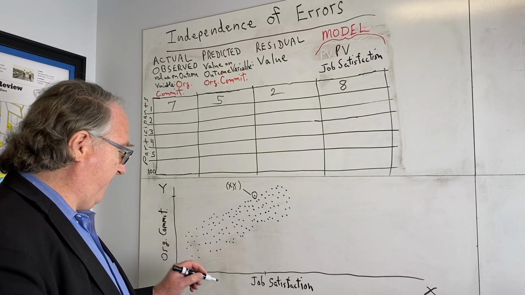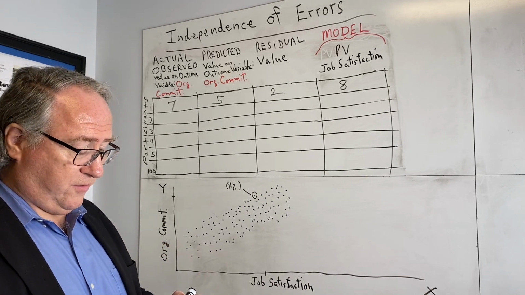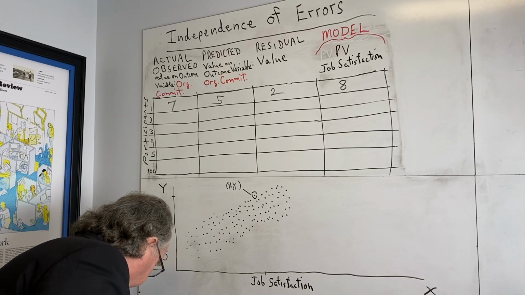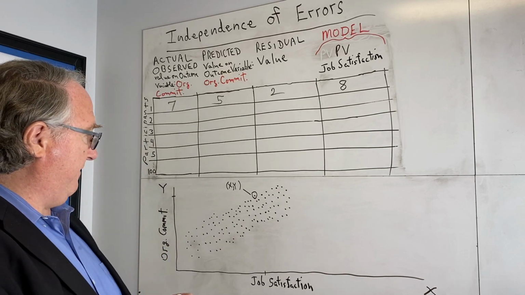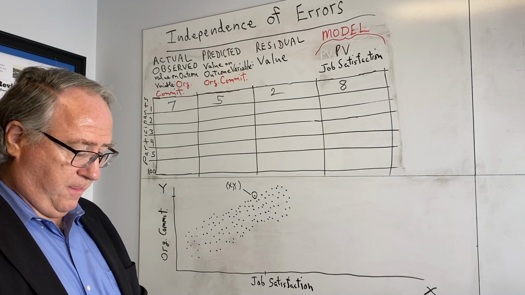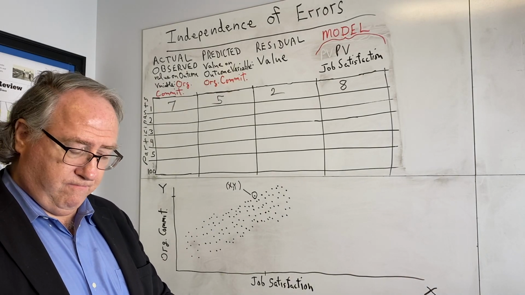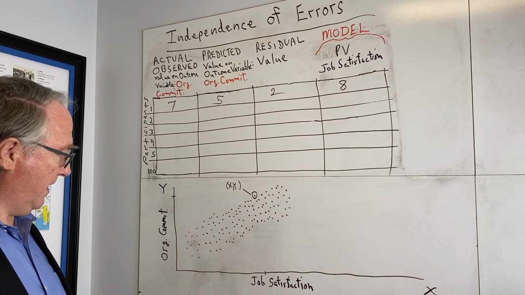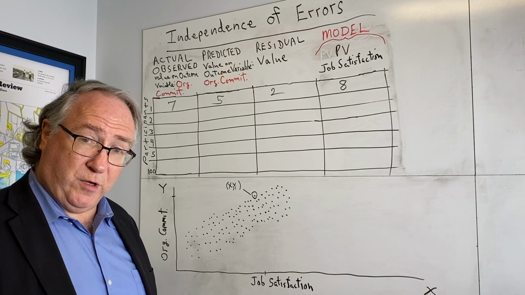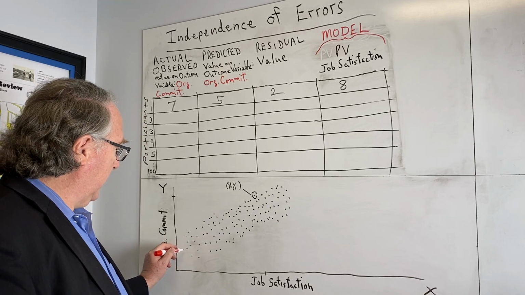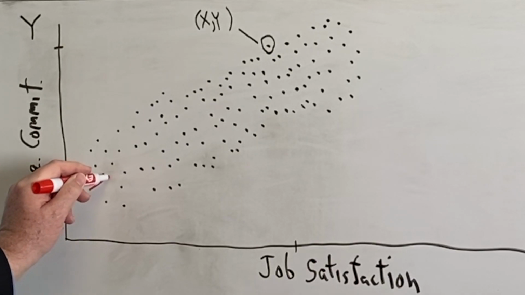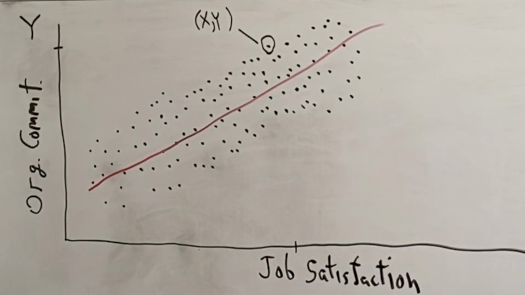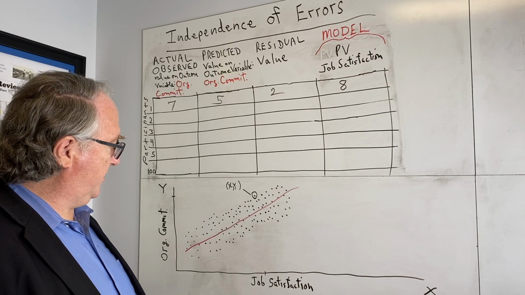Let me go to another marker to have it stand out a bit. So here is the regression line, the line of best fit, drawn through our actual observed values.